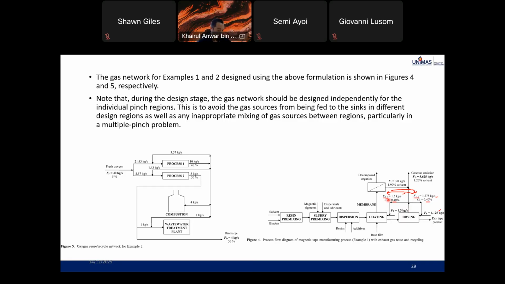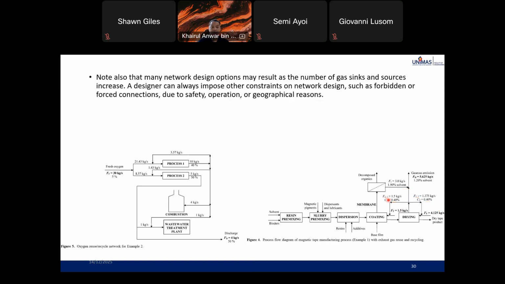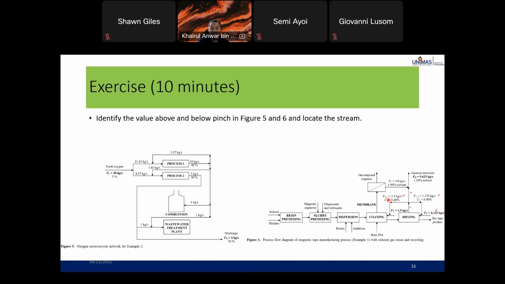Screen condition given. Let the page two, right? Capital revenue above and below the pinch.